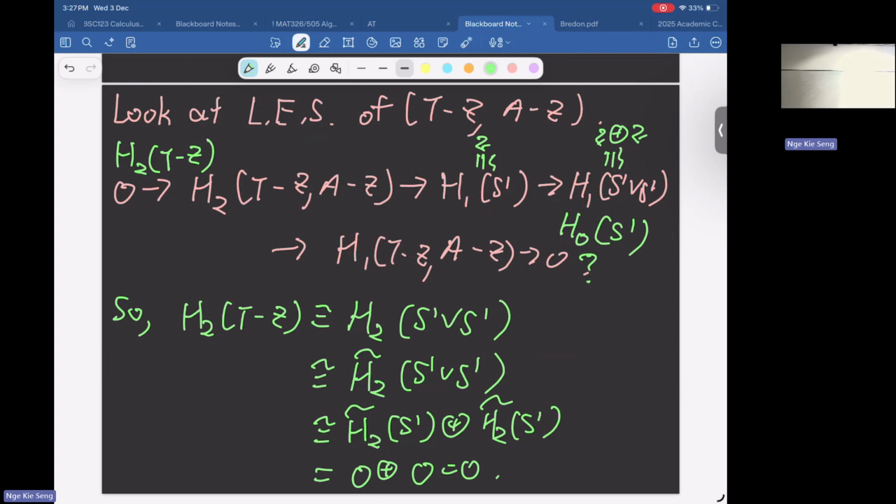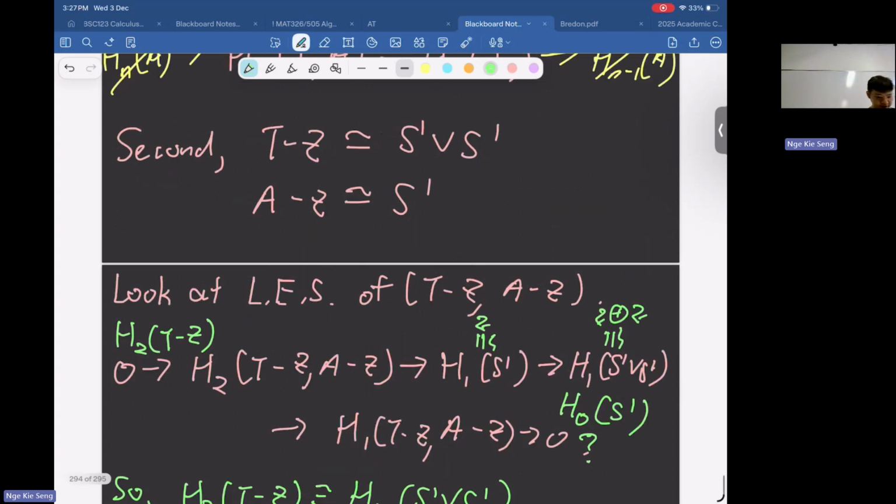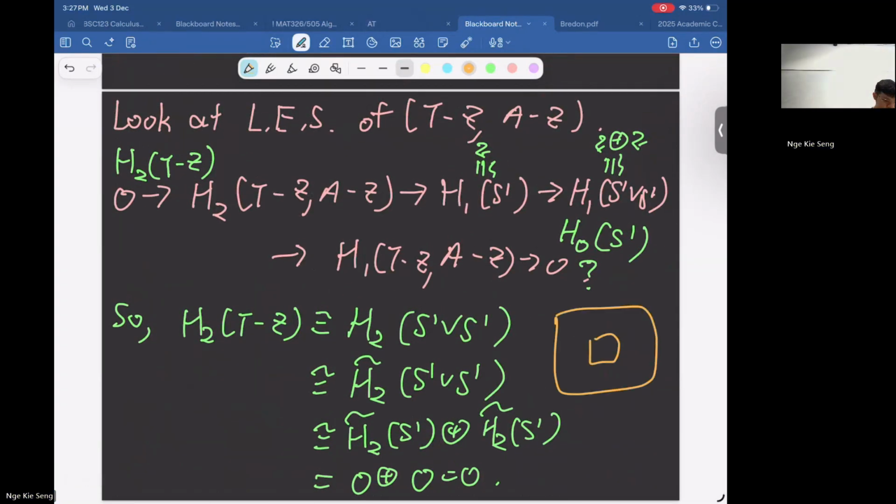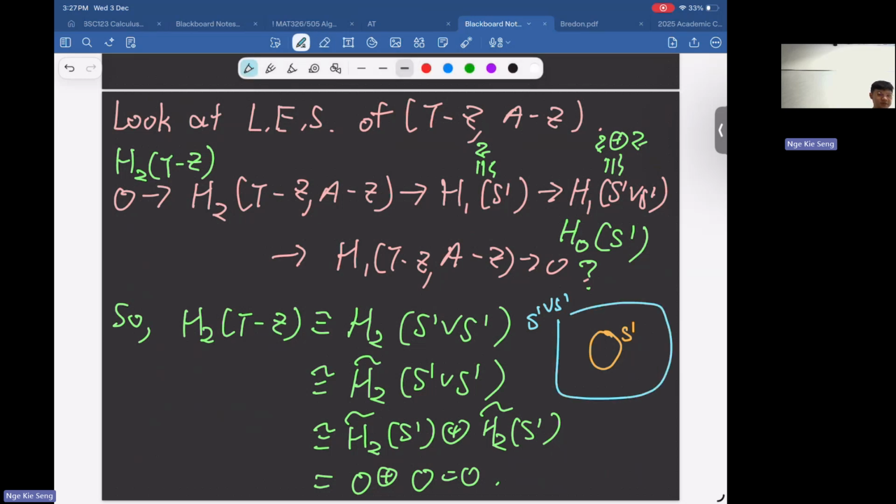What's this map doing? S1 is the circle. So okay, let's draw it. So S1, the first X1 here, is the deformation retract circle X1. You want to go to X1 wedge X1, so it's this outside here. So what did you do actually?